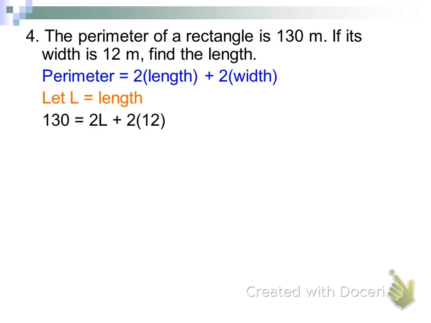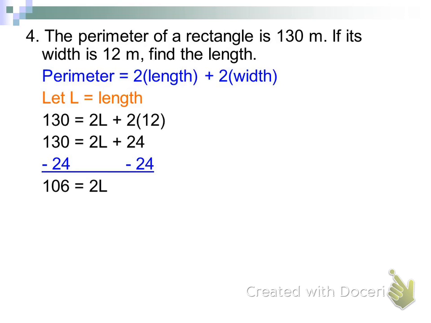From here, you can actually go ahead and solve. So you want to go ahead and multiply the 2 and the 12. That gives you 24. Then what? Subtract 24 from both sides. Good. Then what? Divide both sides by 2.